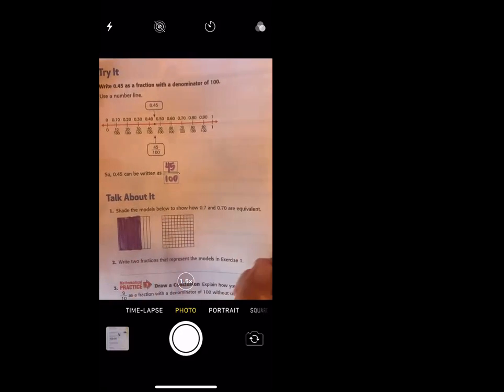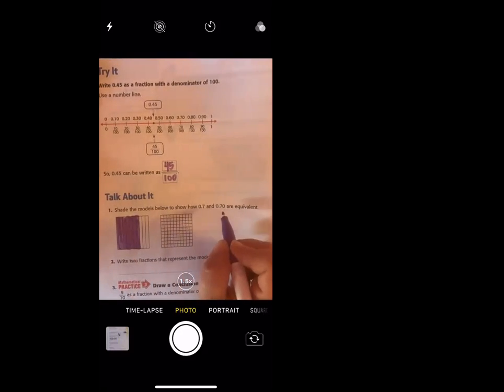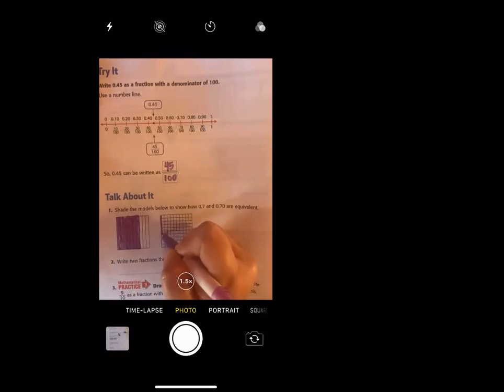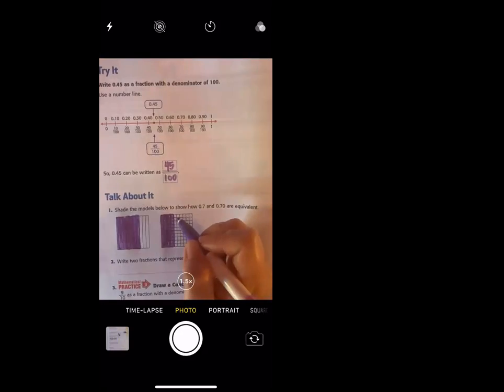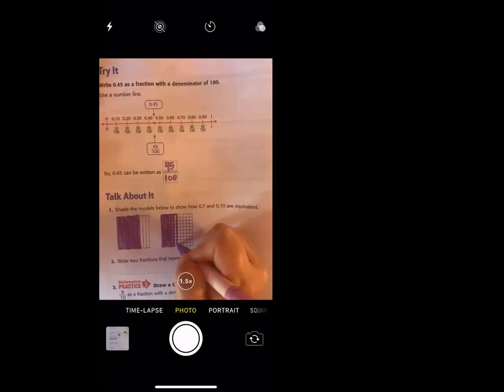Okay. And then for the hundredths, each column is worth 10 hundredths. So I'm going to shade here 10, and then 20, 30, 40, 50, 60, and then 70.